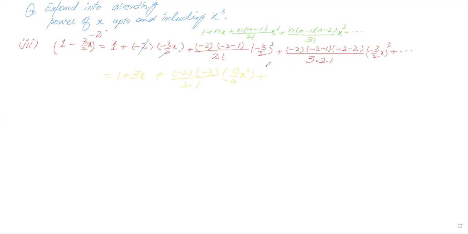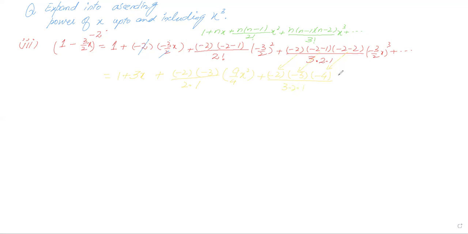Then I have minus 2 as it is, minus 3 and minus 4, because this one is the minus 2, this one is the minus 3, this one is minus 4, divided by 3 factorial, means 3 dot 2 dot 1.